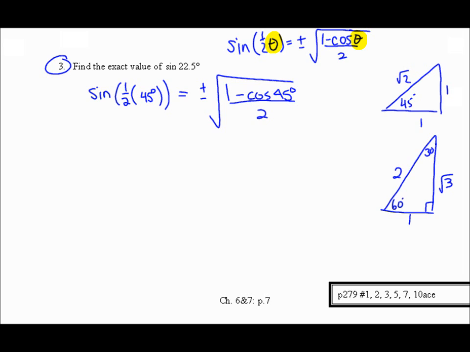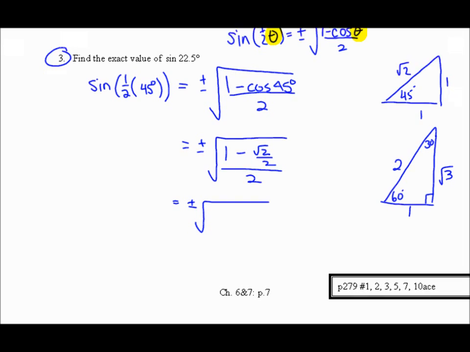Okay, so here, plus or minus the square root of 1 minus root 2 over 2, all over 2. All we need to do here is simplify the inside. It's kind of ugly. What's the first thing we can do to simplify this?